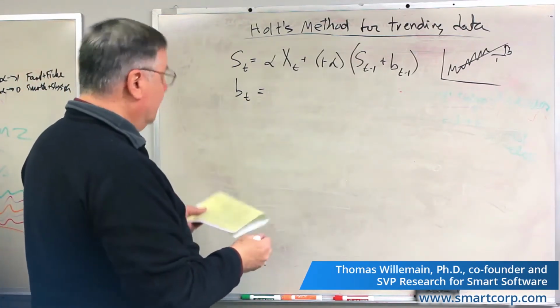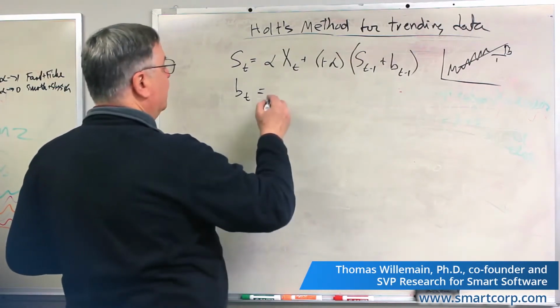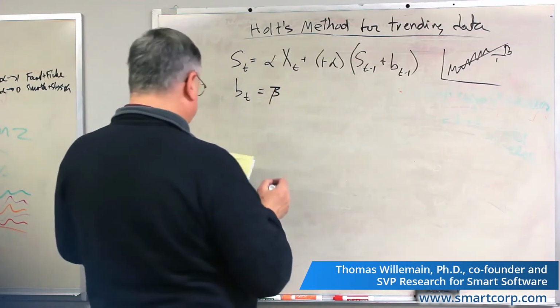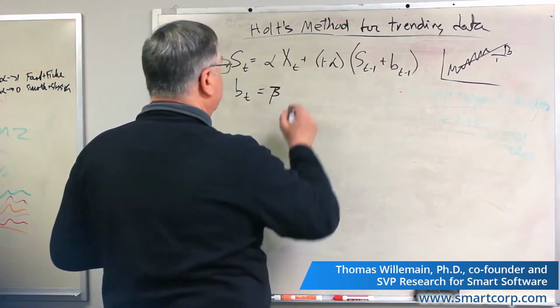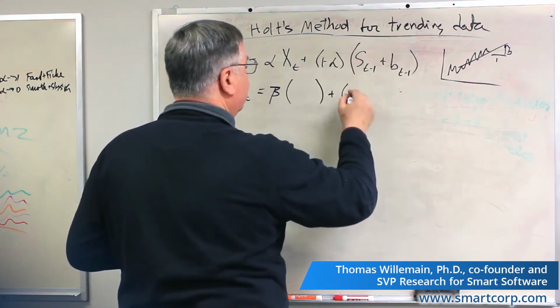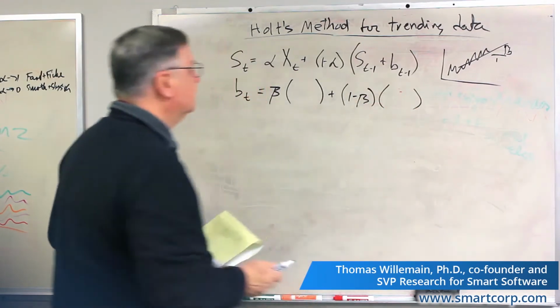So we have a corresponding equation for that. We have a second parameter, we'll call it beta. It's just another knob. We have two knobs now. And we have beta times something and 1 minus beta times something else.